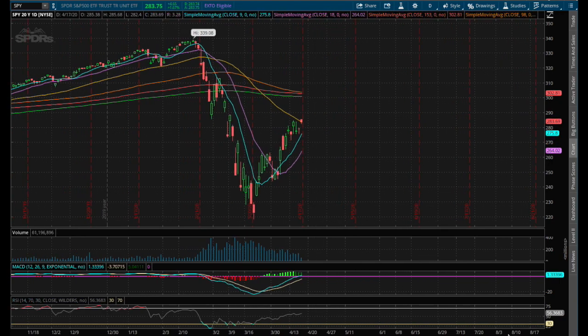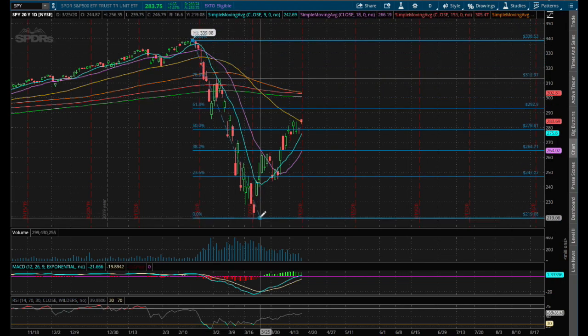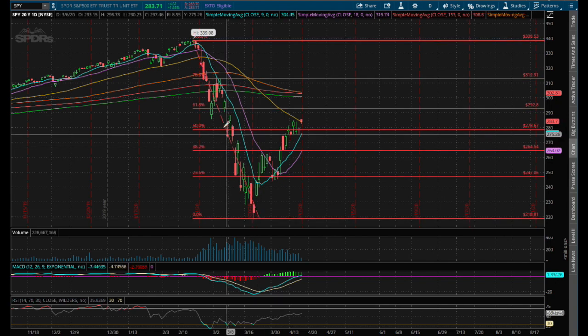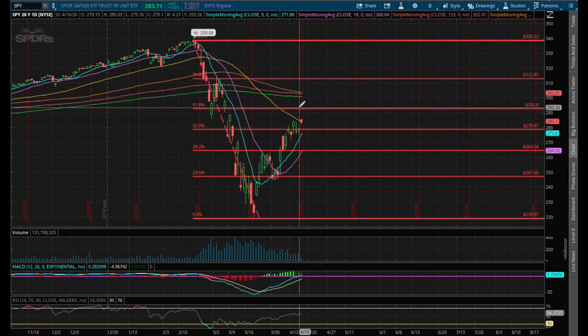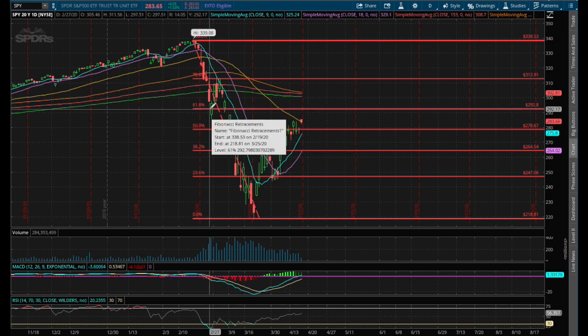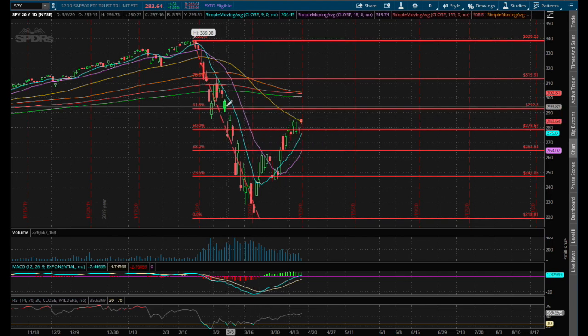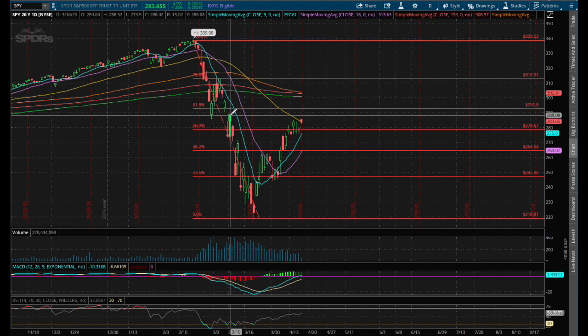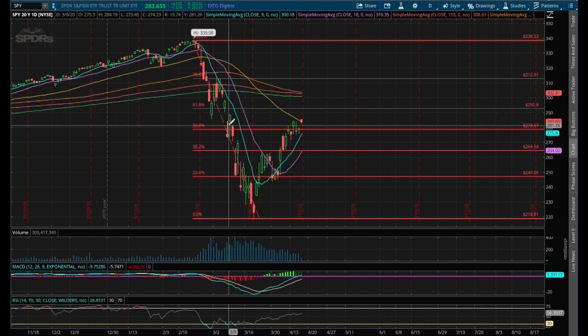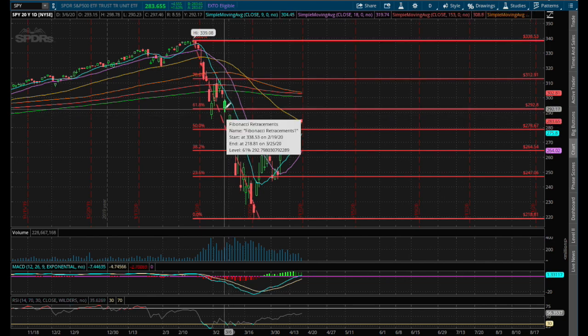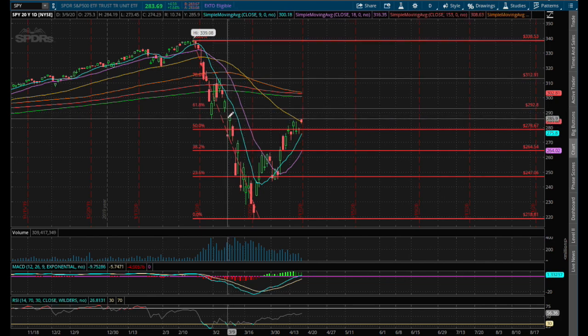The reason why: if we use the Fibonacci retracement from the peak to where we see the lows in the dip, we see that there's a retracement of 62%, or 61.8, and that coincides with a gap down between March 6th and March 9th.